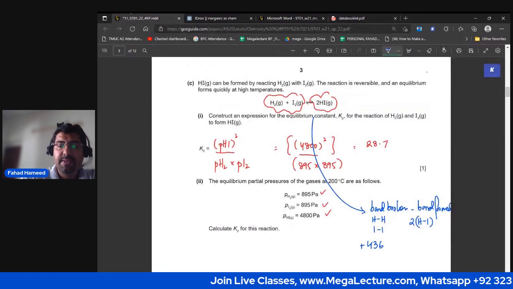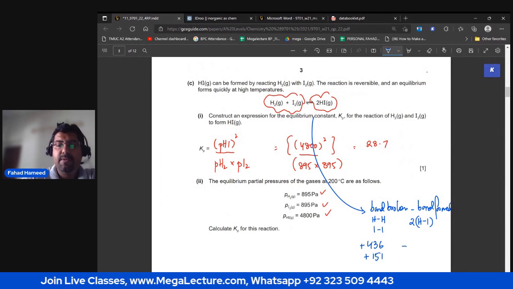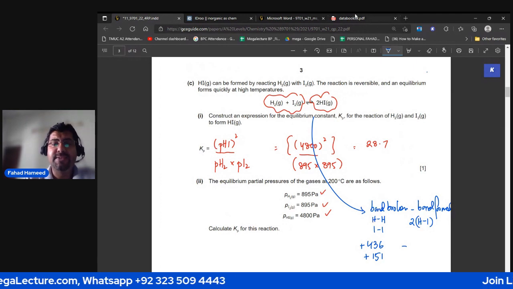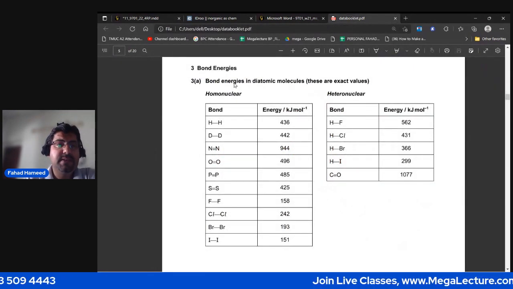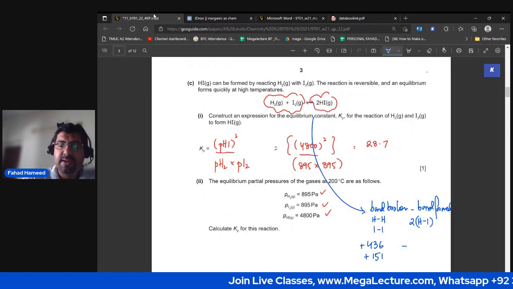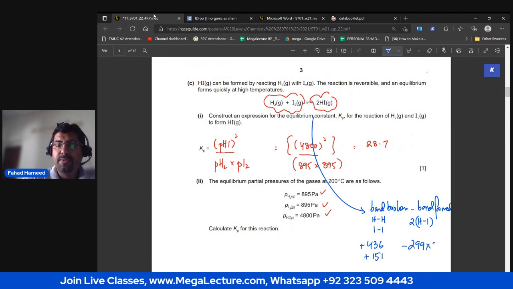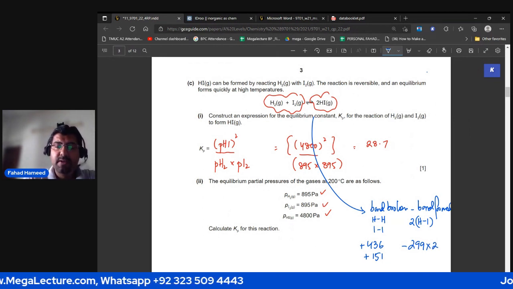That's also there. So that's 151, and then I'm forming two HI bonds. This is going to be exothermic. Bond formation is exothermic. So HI is 299. That's given over here as well. Let's put that in. That's minus 299 times 2. So I just want to figure out what the enthalpy change is. I just want to be sure.